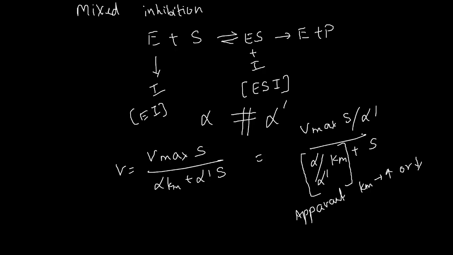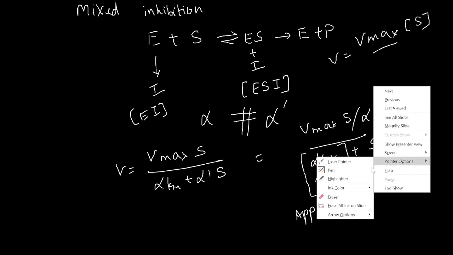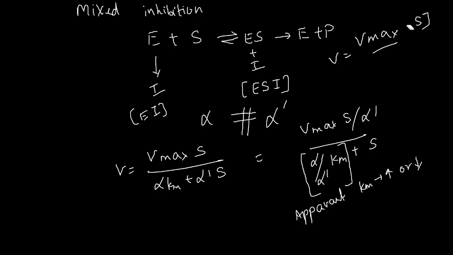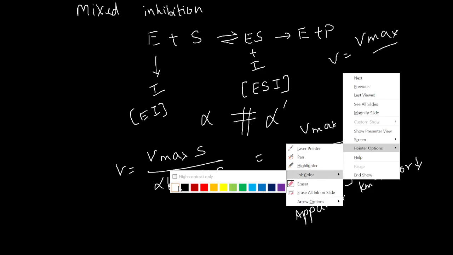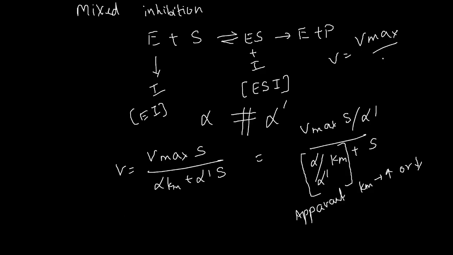And what is the velocity? At a very high concentration of substrate, the value is going to be Vmax divided by alpha prime.